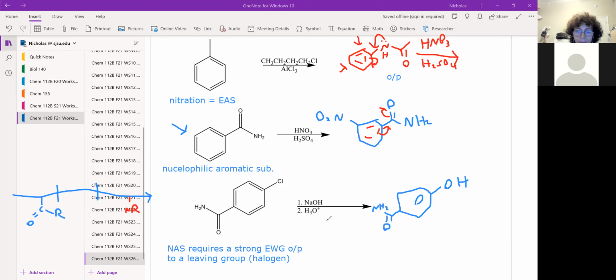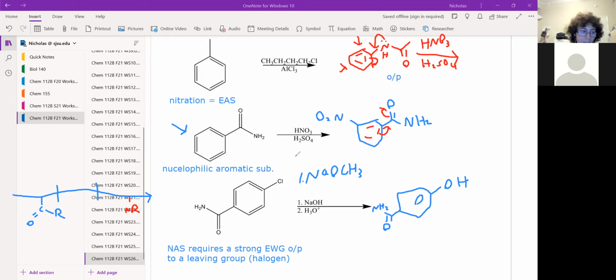And then it uses conditions similar to this, either NaOH or an alkoxide, like methoxide for the first step and an acid for the second step. And then maybe there's some other nucleophiles you could use, but I think these are the main two you'd probably see. Maybe review your notes to see any other potential ones, but these are the main ones I think about.